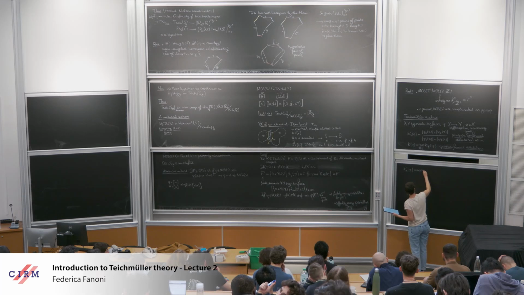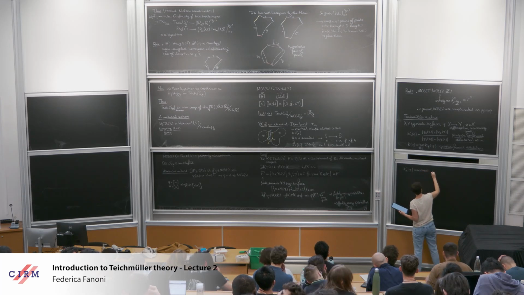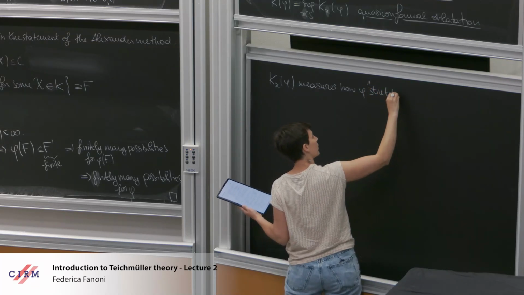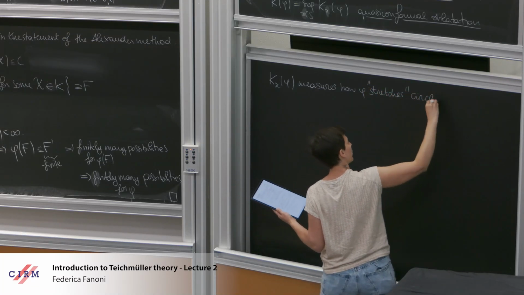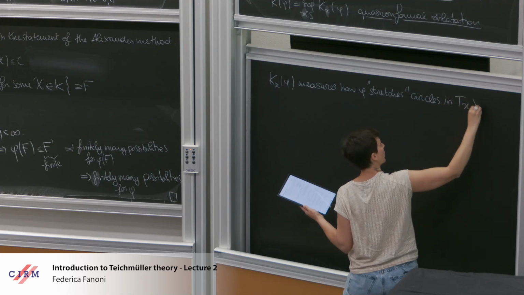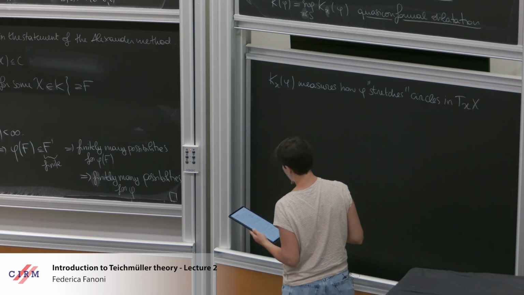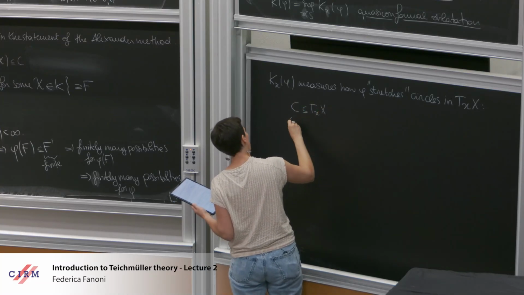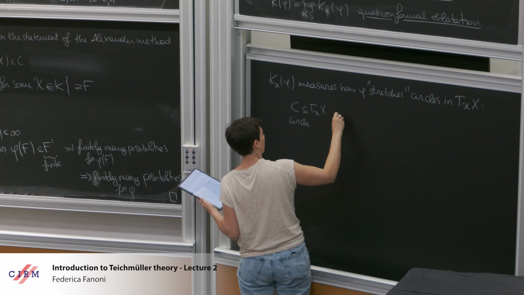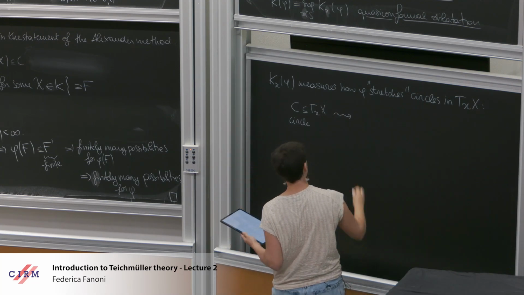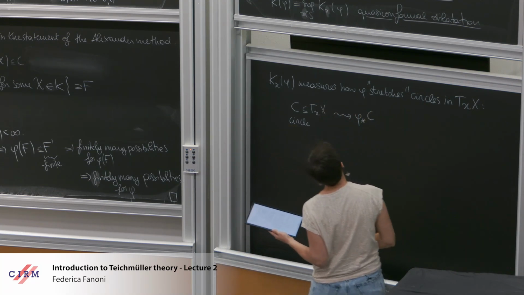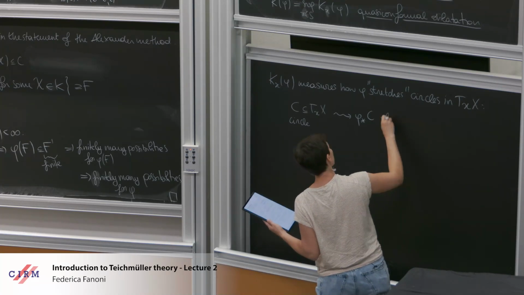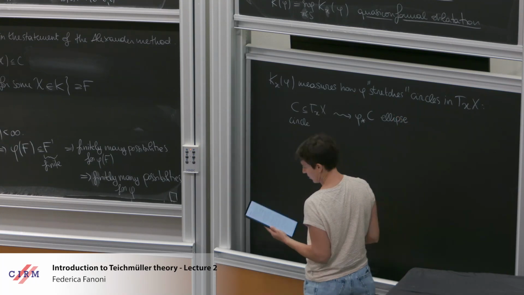Okay, so this measures how phi stretches circles in the tangent space at a point. So if I have C here, which is a circle, then it's sent by a map phi like that to an ellipse, not necessarily a circle anymore.